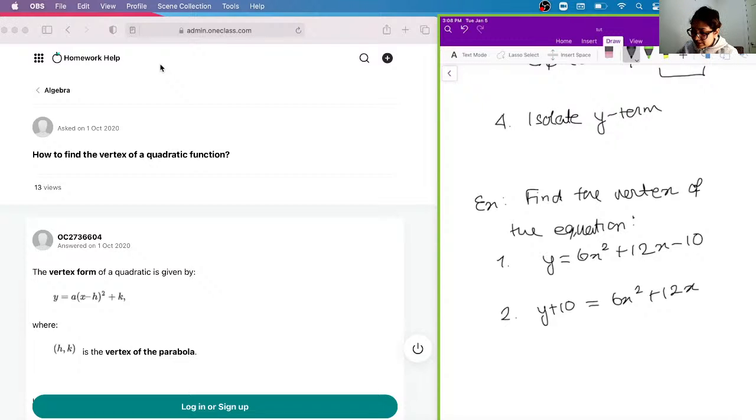Then we need a leading coefficient of 1 for completing the square. So we have to factor out the current leading coefficient of 6. We can say that y plus 10 is equal to 6 times x squared plus 2x. Take note that we have an additional variable here, which is y, so we can't just get rid of it.